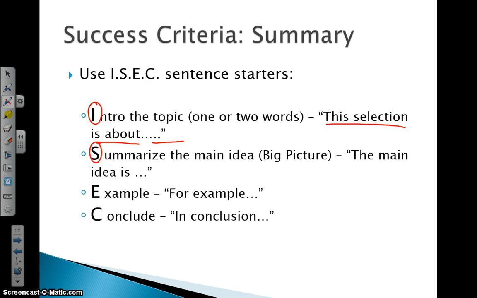That's the big picture of the whole paragraph, and you'll simply write the main idea is, and here you will fill in the blank with the main idea based on the topic you just mentioned in the previous sentence. E is for example. You'll state for example and simply copy one of the many examples that are in the paragraph to back up what you just said for the main idea. Finally, the C is conclude. Write the words in conclusion and fill in the blank with whatever you want that sums up the topic in general.